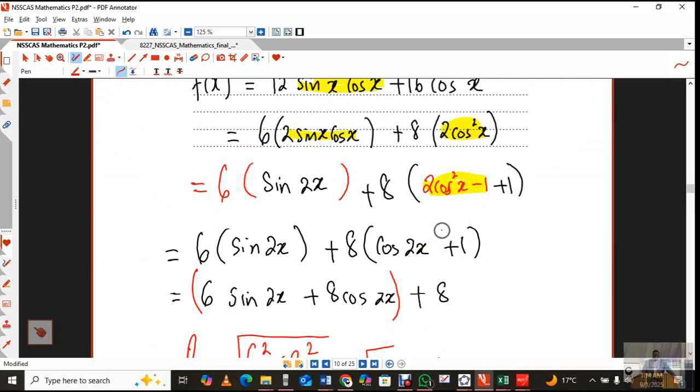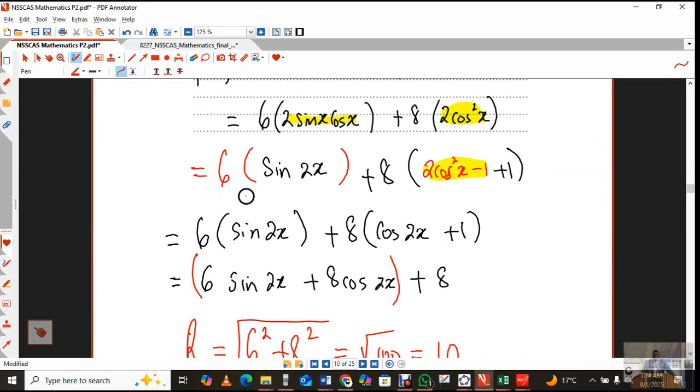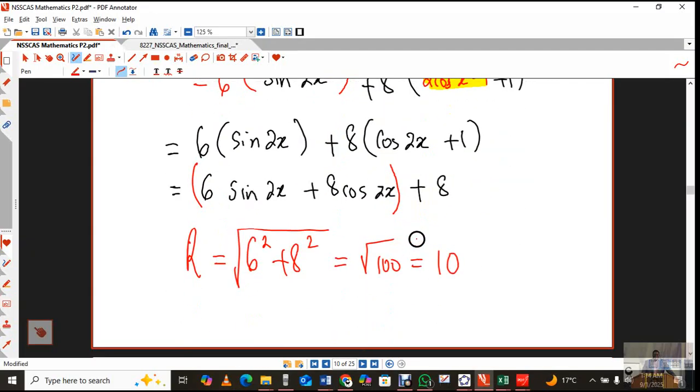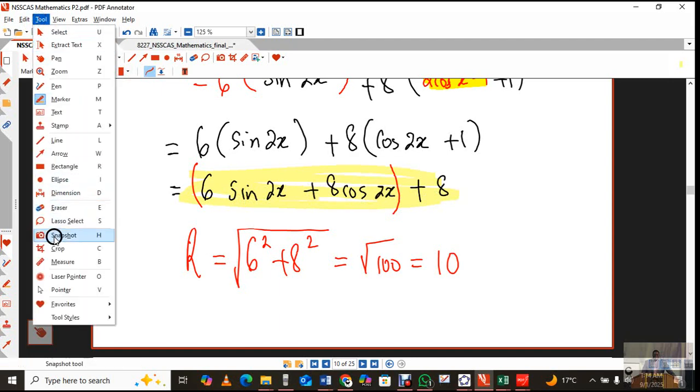So this is what I'm interested in. In fact, I can just go ahead. Yeah, any one of these is equivalent, right? So this is the one that I'm interested in. All of that is f of x. So let's take a snapshot and drag it over there so we can integrate it.